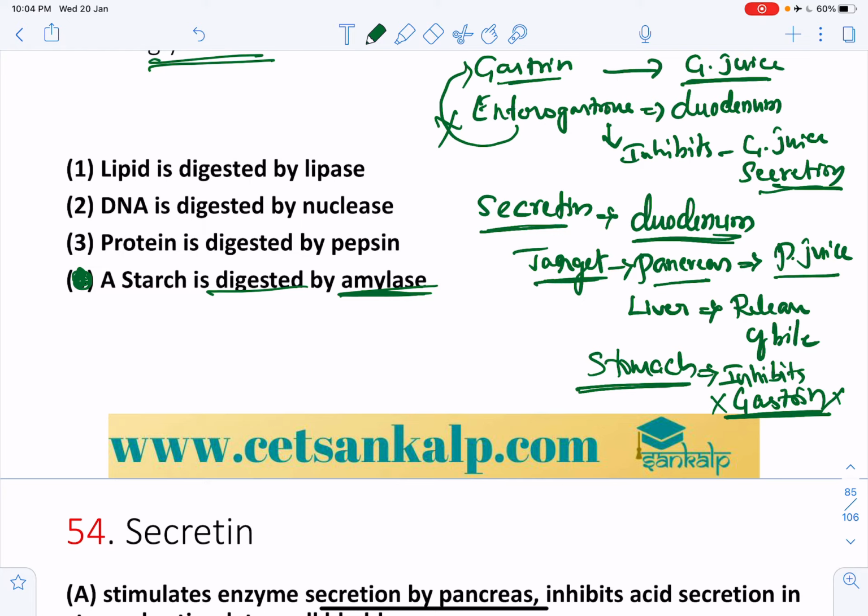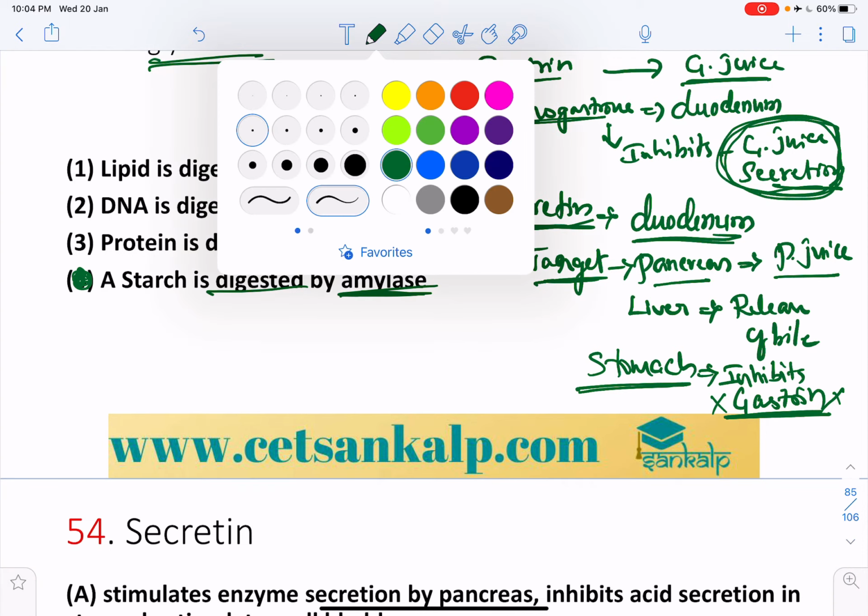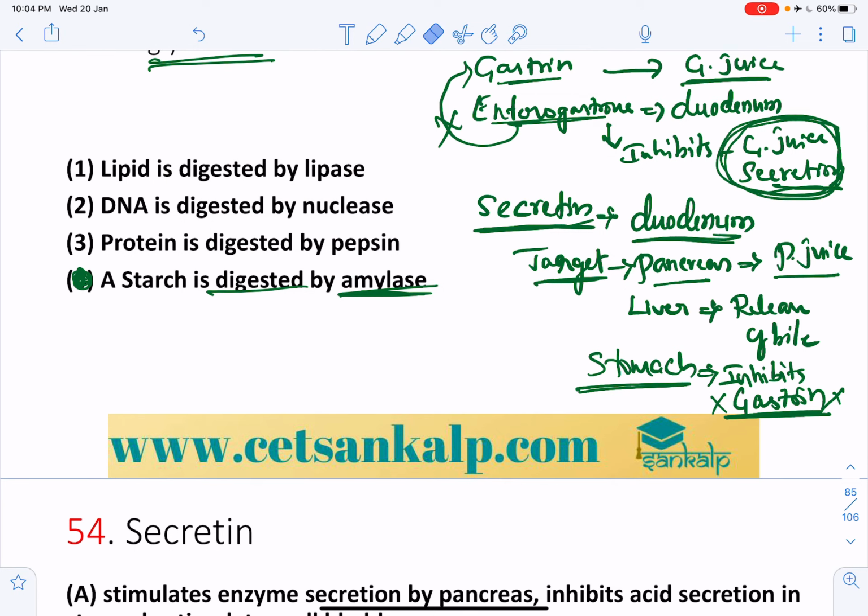Enterogastrone only inhibits the secretion of gastric juice, but secretin inhibits the hormone itself. So these three things you have to keep in mind: secretin acts on the pancreas for the release of pancreatic juice, right?